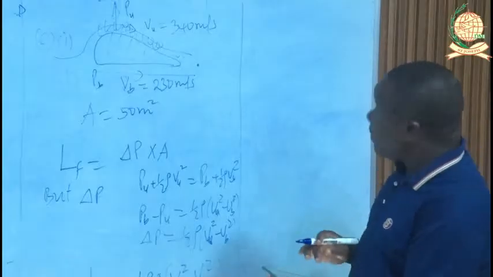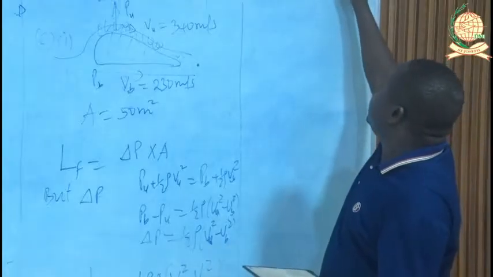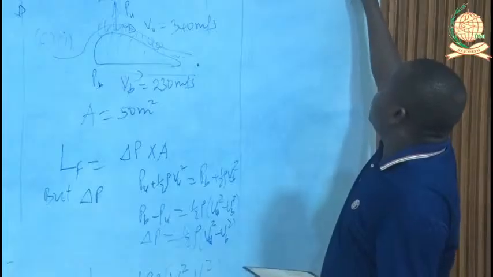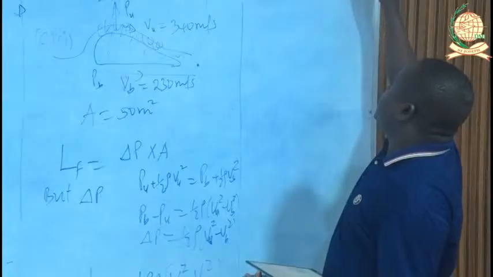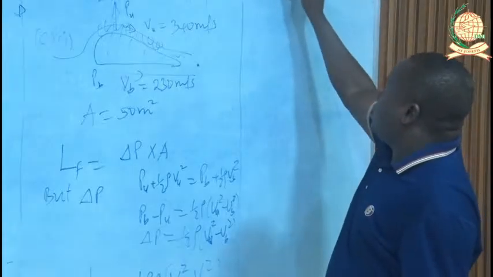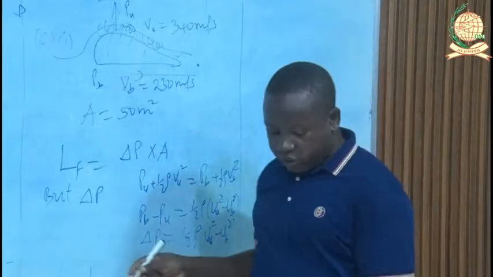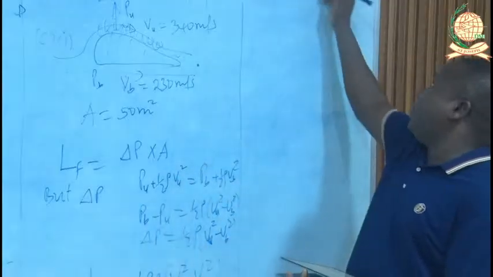Area is 50, then this is 340 squared minus 230 squared. You can calculate from your calculator and give the output there.